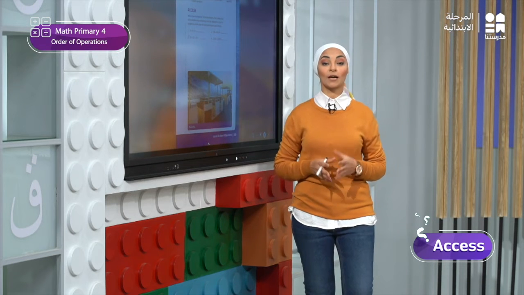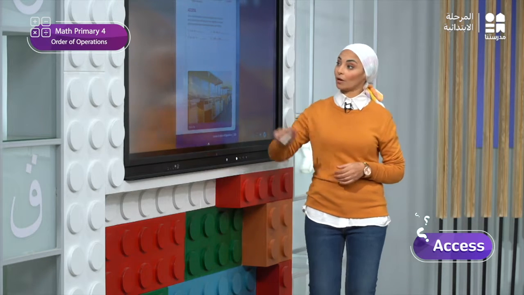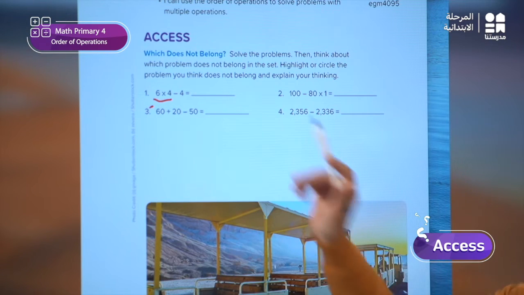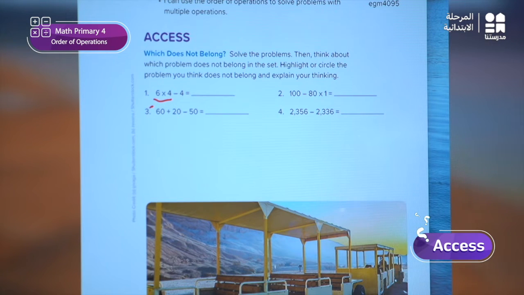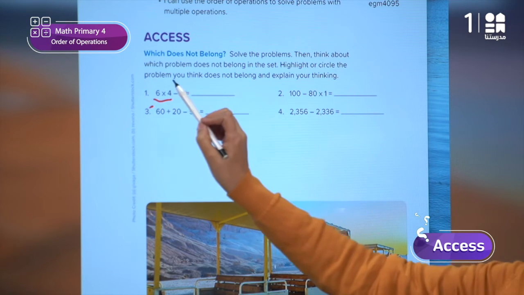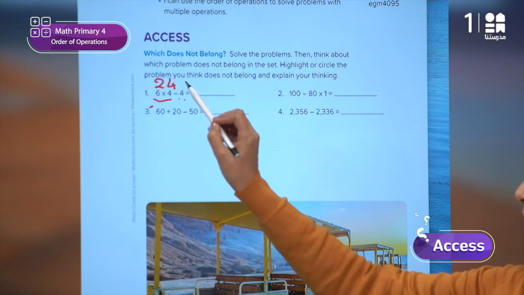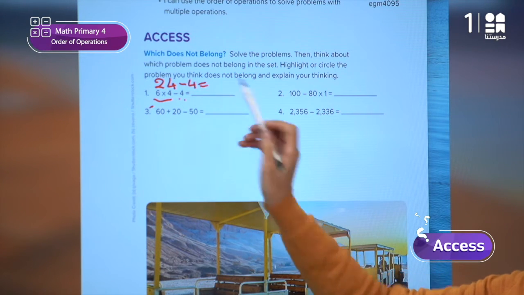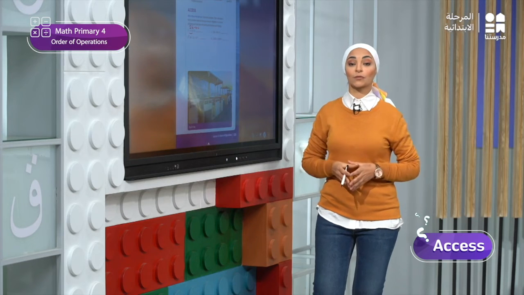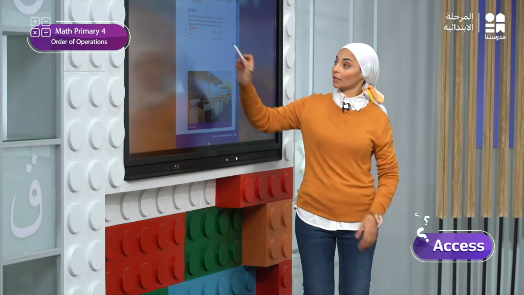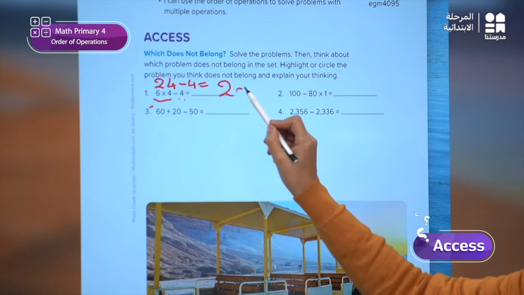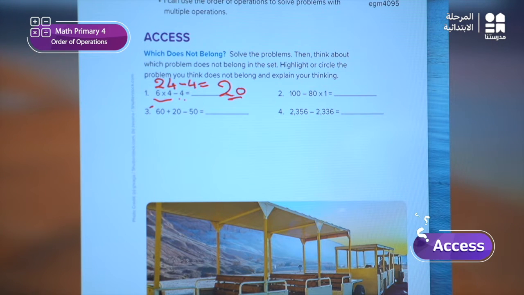So I will multiply 6 times 4. 6 times 4 is 24. Then I subtract the 4 from 24. 24 minus 4 gives me 20, so 20 is my answer.